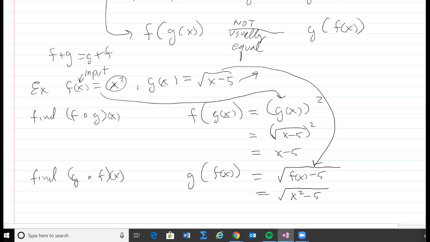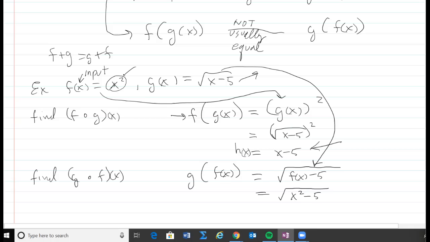And of course, when we talk about the domain for this new function, even though this, I'm going to go back to this one here, even though you can see this function as it stands, let's call it h of x, give it a name, it looks like it has all real numbers as its domain, but we know that because of where it came from, there were certain restrictions that still have to be in place.